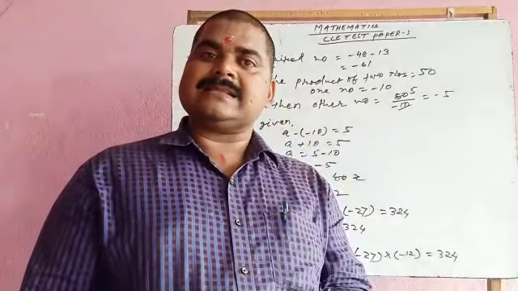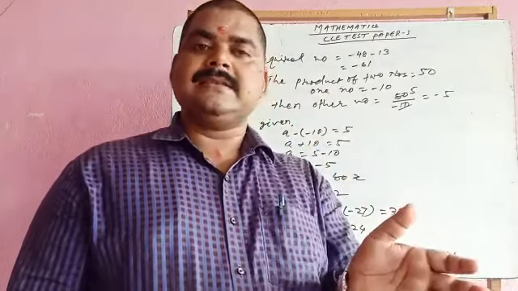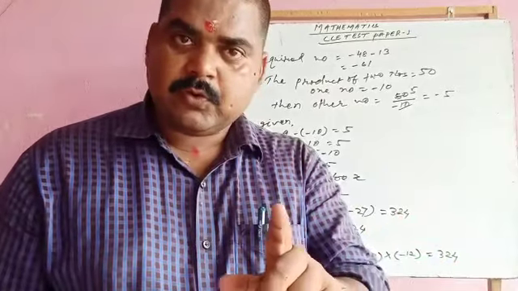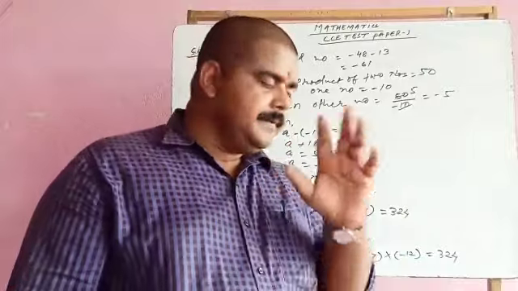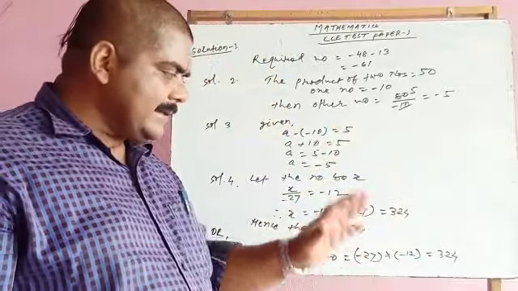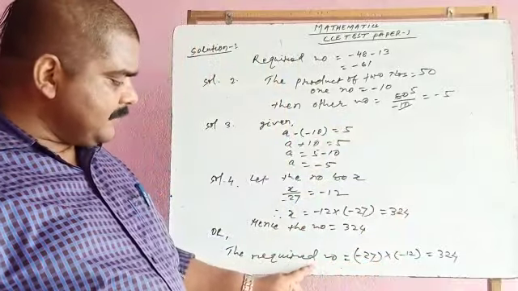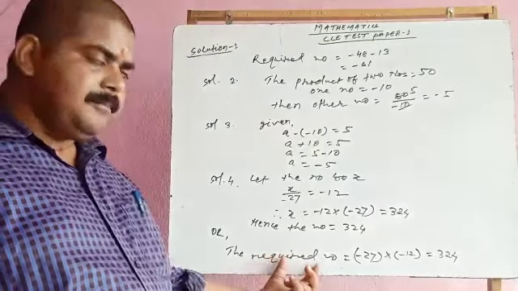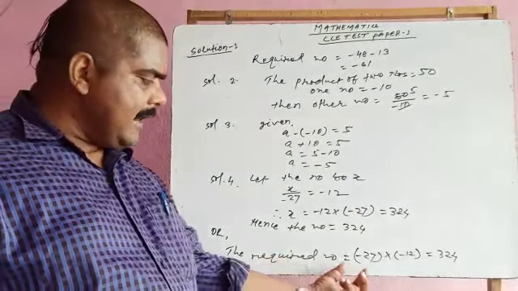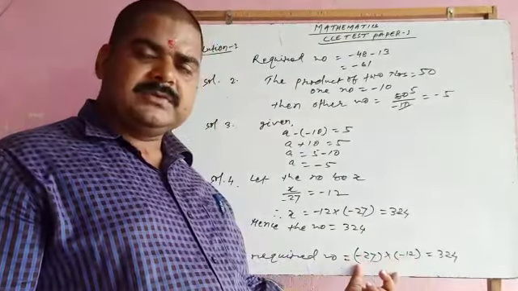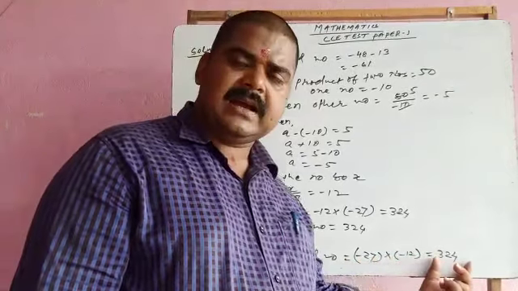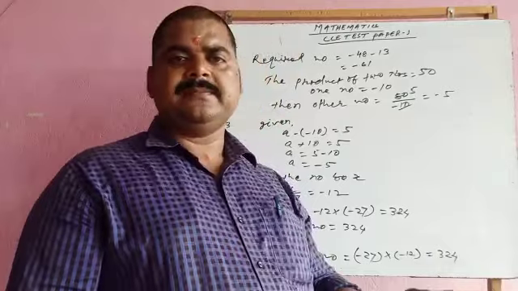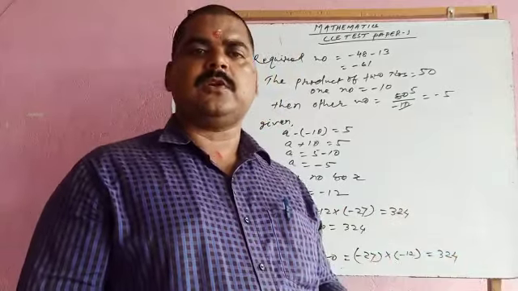So you can simply say that dividend is equal to divisor into quotient when it is exactly divisible. Since it is exactly divisible, this number is the dividend, and you just multiply the divisor and quotient, and the product is equal to 324. So you can simply solve the question.